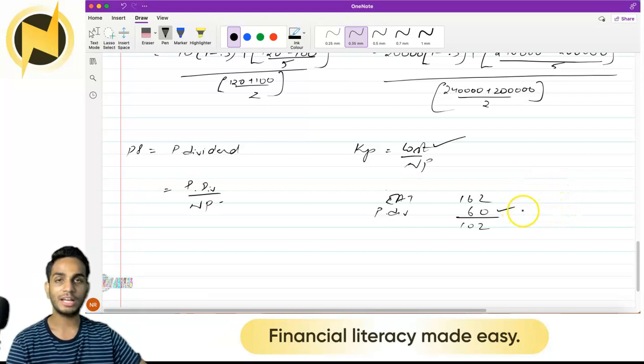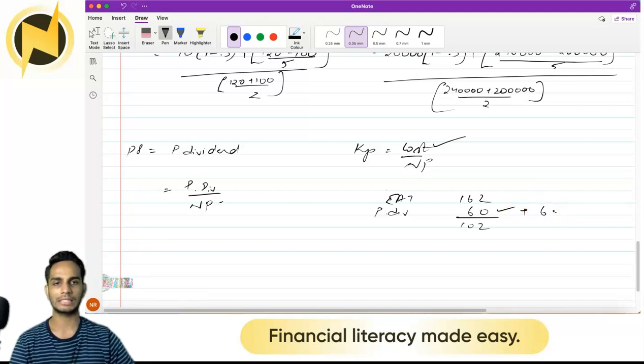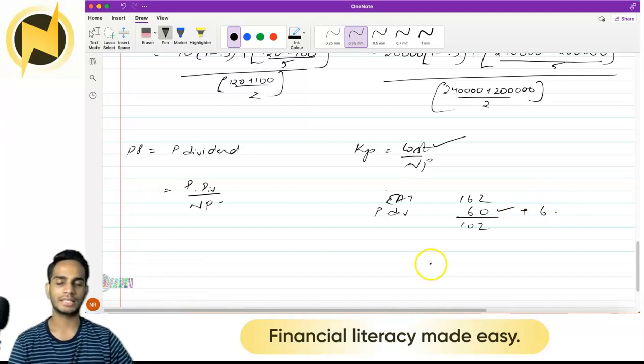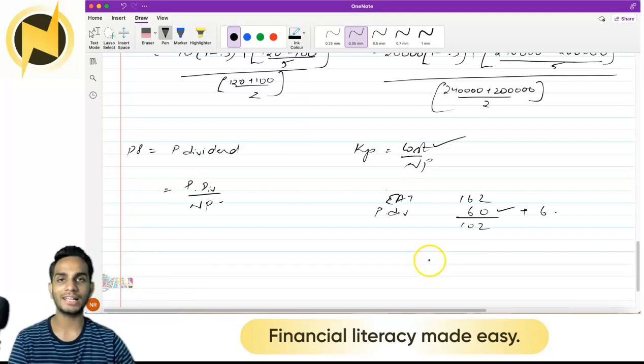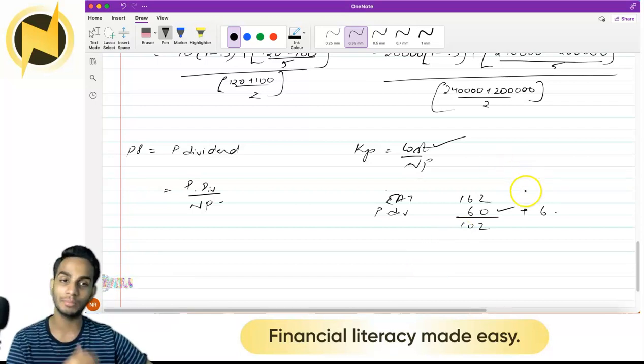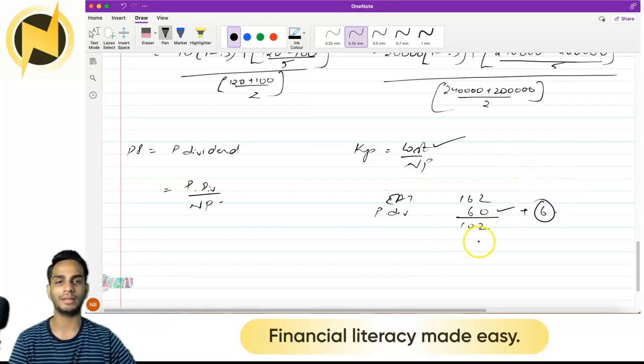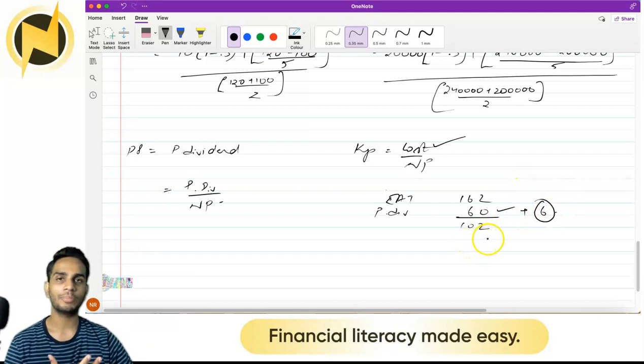Along with the 60, they have to pay 10% DDT. That means not just 60, they'll have to pay an additional 6. So because of the preference dividend you are paying, you are not getting a tax benefit, you are getting an extra tax burden. This is an extra thing that you are paying.